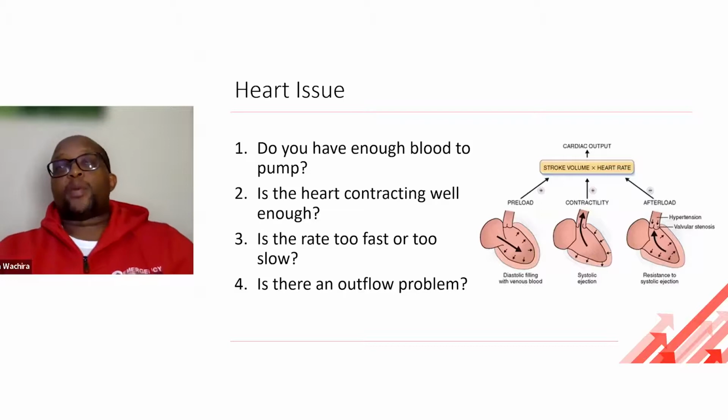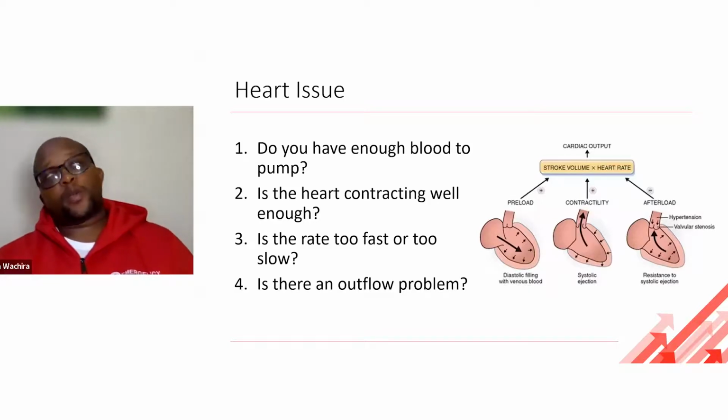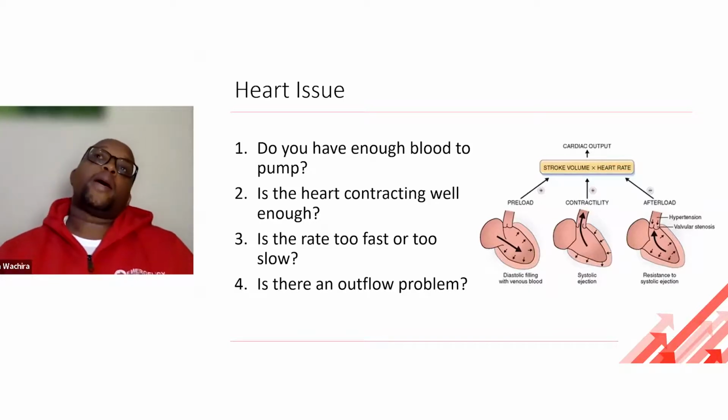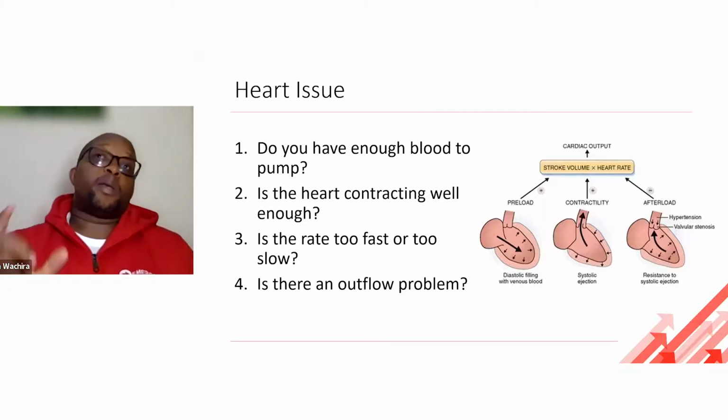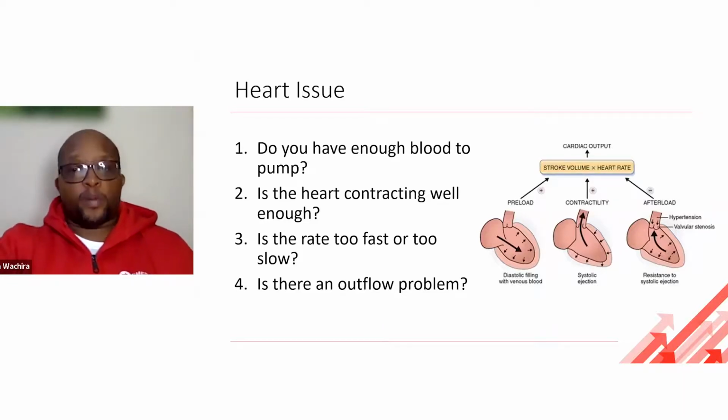Things like hypothermia will cause your heart to be too slow. Hypoxia will make your heart too slow. Electrolyte imbalances will also cause variations in your heart rate, too fast or too slow. So always look for what else is causing your heart to beat too fast or too slow.